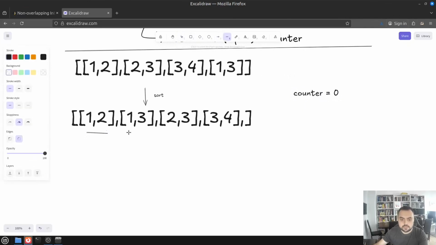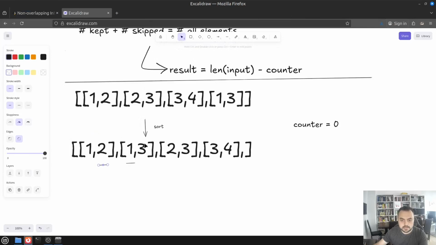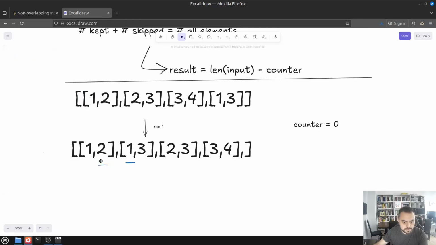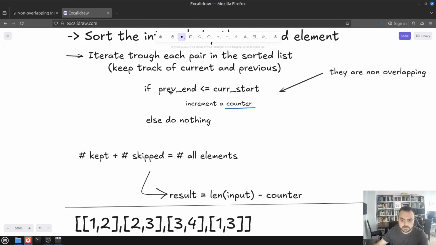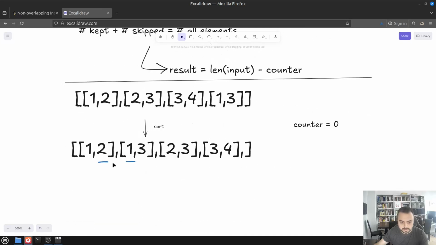Each time we keep track of the last end, like the second element of the last pair, and the first element of the current pair, like this. Blue, let's make it a bit thicker. Blue and blue. Like this. Yeah, and we check this condition. Is the previous end less than or equal to current start?